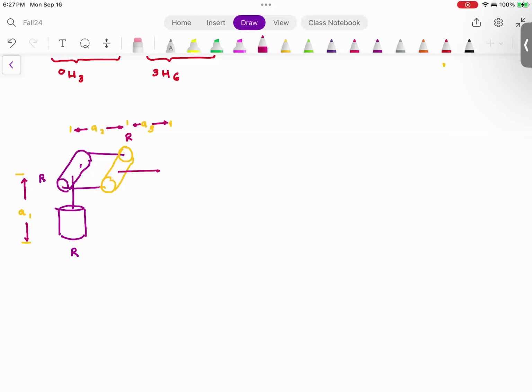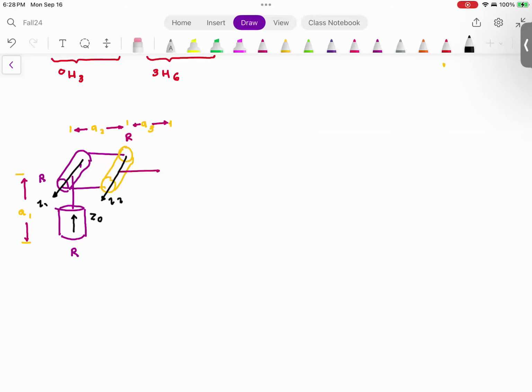Now we need to set up the coordinate frames. Always remember the z-axis must pass through the joint. So I'm gonna call this my Z0. I'm gonna call this my Z1. I'm gonna call this my Z2.